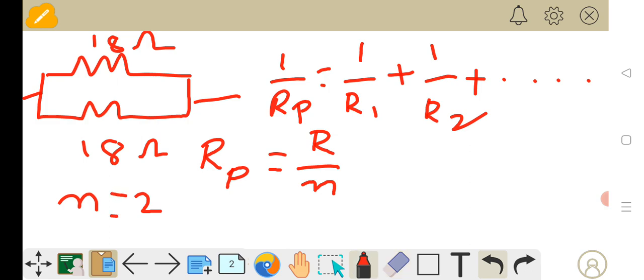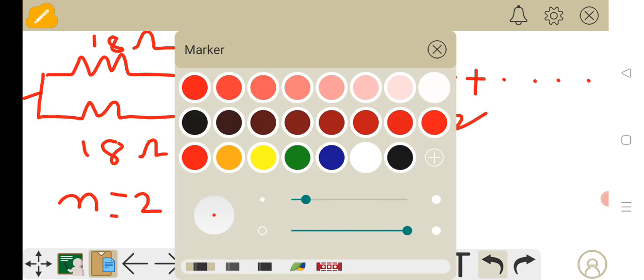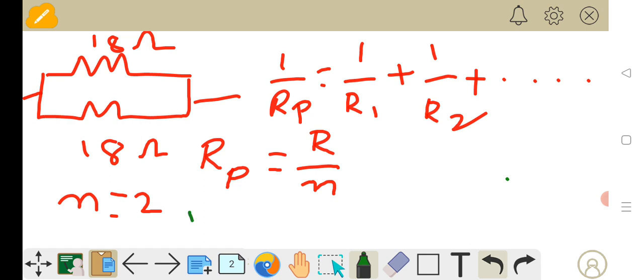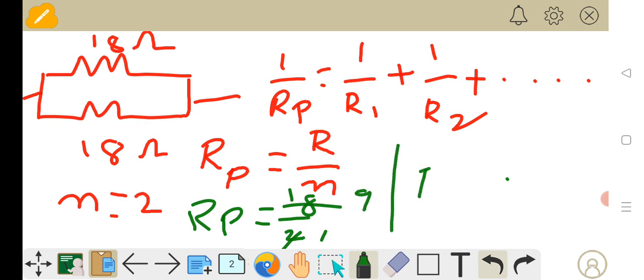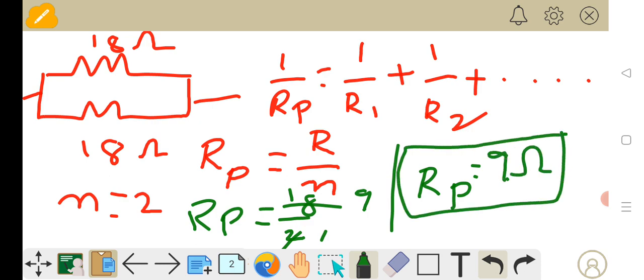So from here you will get Rp is equal to 18 by 2. So 2 ones are 2 and 2 nines are 18. Rp is equal to 9 ohm. So this is the equivalent resistance when the key is open for that circuit diagram.